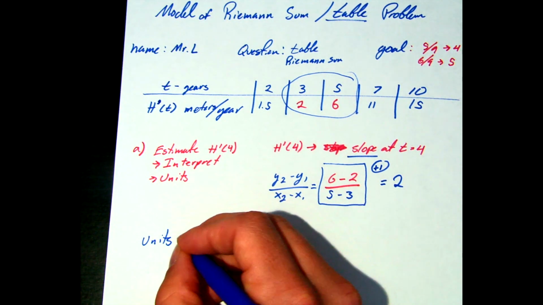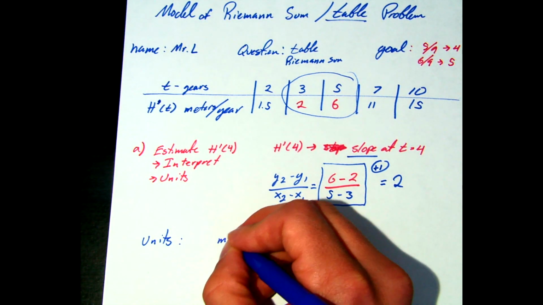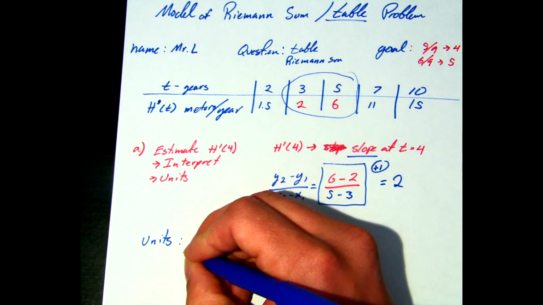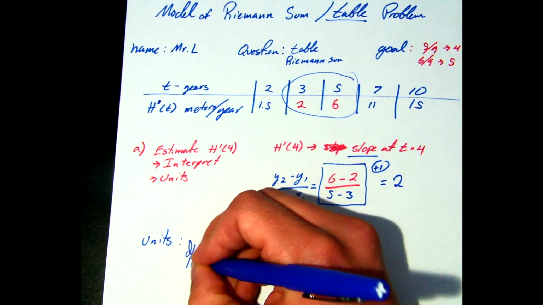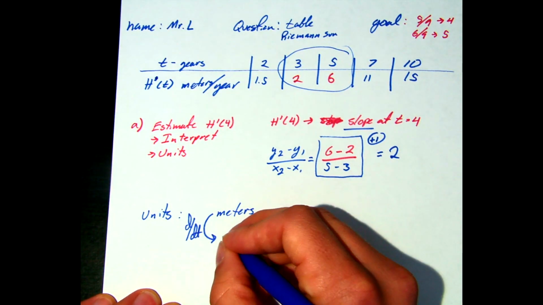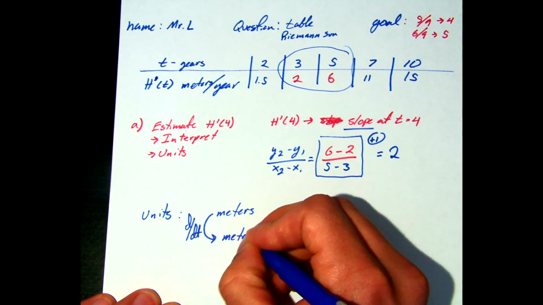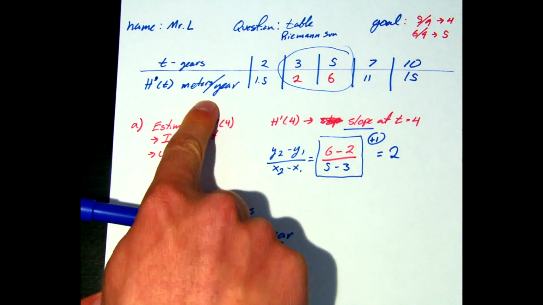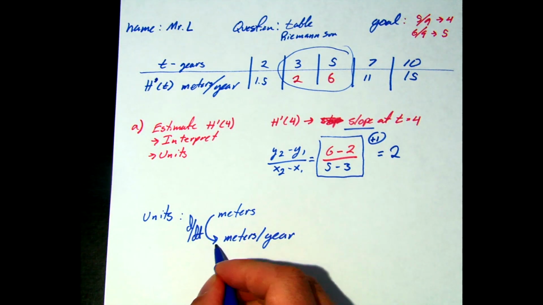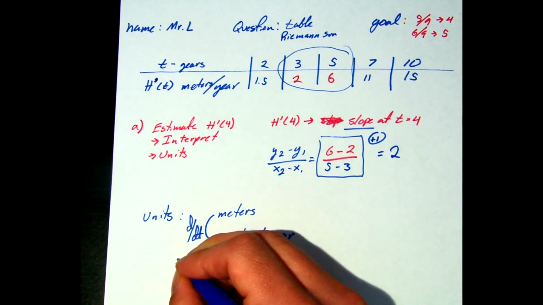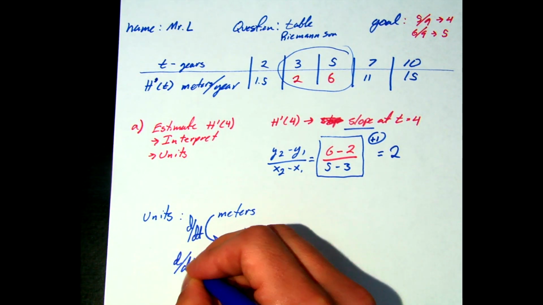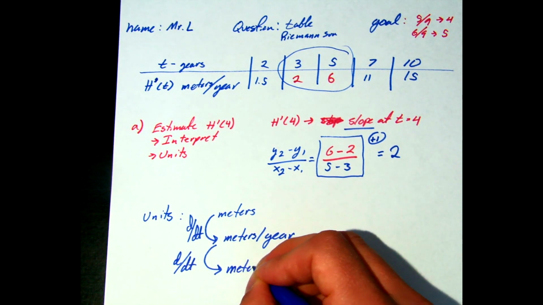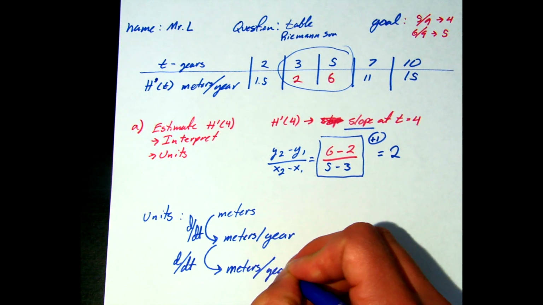If I had a unit of meters and I took the derivative with respect to time, d dt, I would get meters per year. And that's what you see right here. If I took the derivative again, the derivative with respect to time, d dt, I would get meters per year squared.